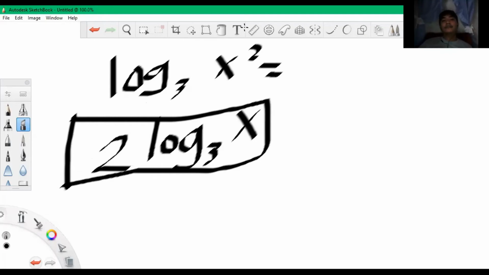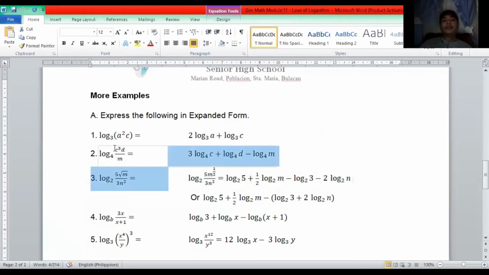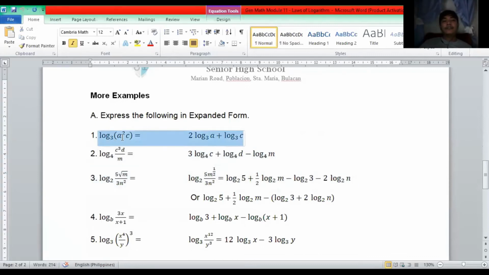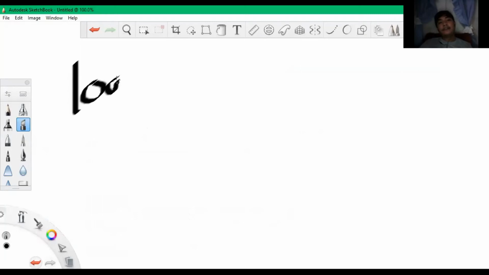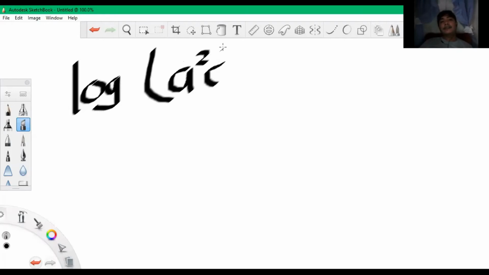Okay, so that's it. Let's have another example, more complex one. We have the logarithm of quantity a squared c to the base 3. So medyo komplikado ng konti.